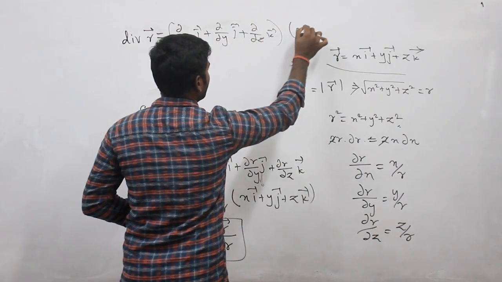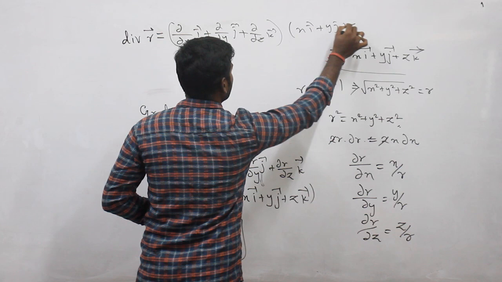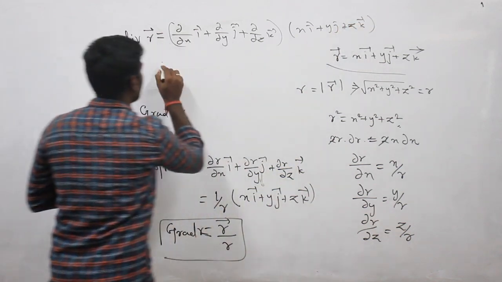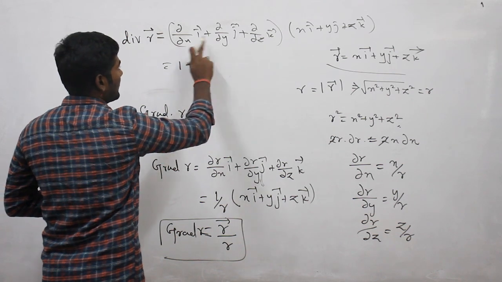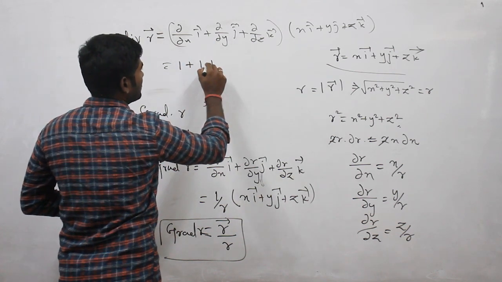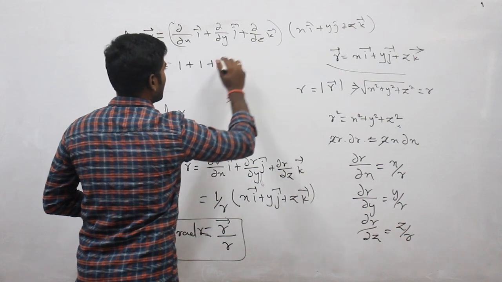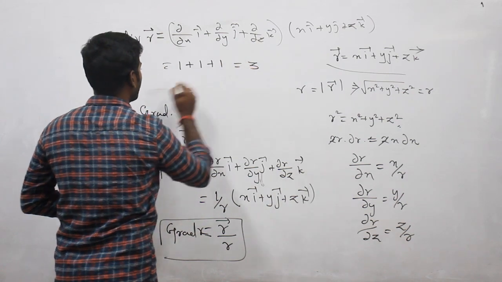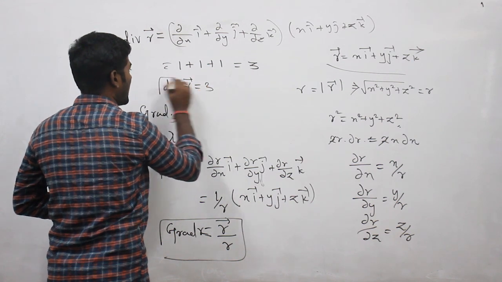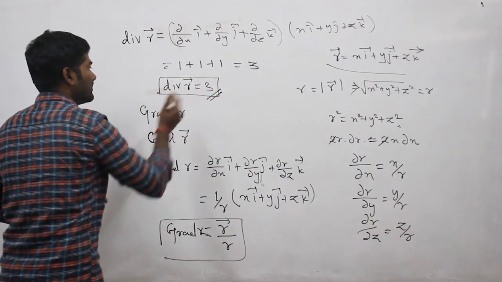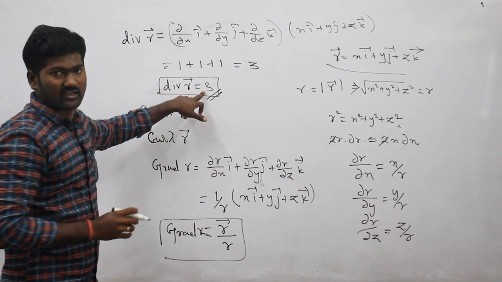The value of the r vector is x i vector plus y j vector plus z k vector. If you differentiate x you get 1, similarly for y you get 1, and differentiating z you get 1. So the answer is 3. Don't forget, divergence of the r vector is equal to 3. So whichever option has 3 is the correct answer.